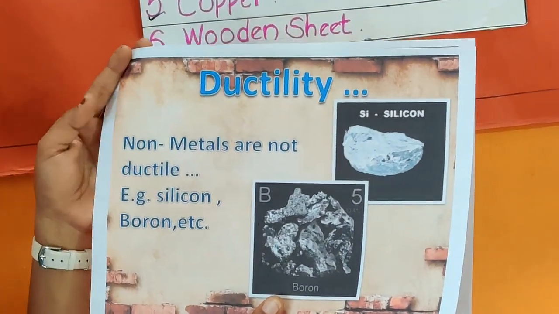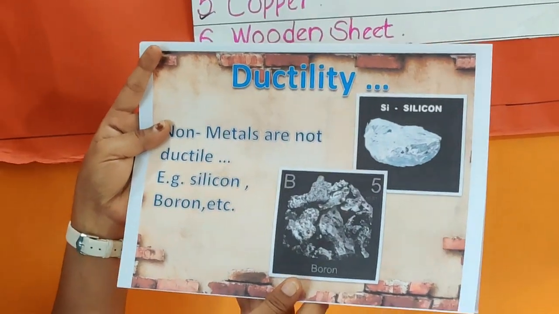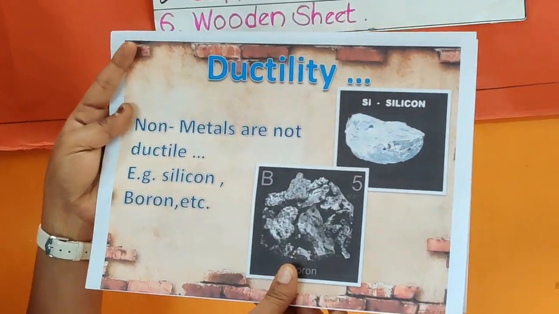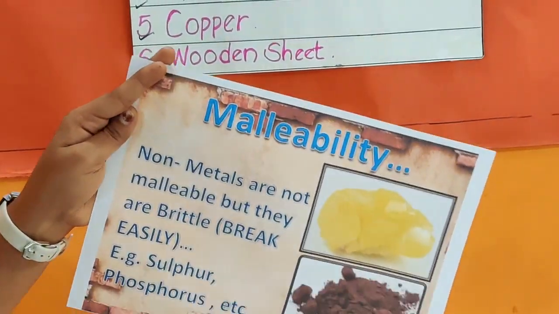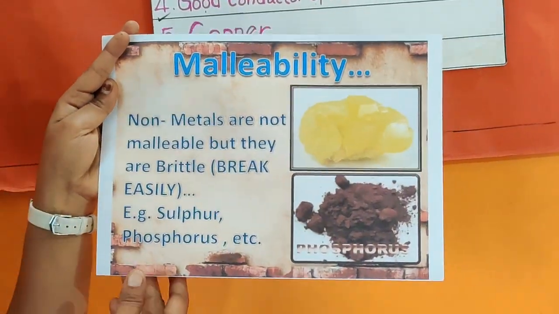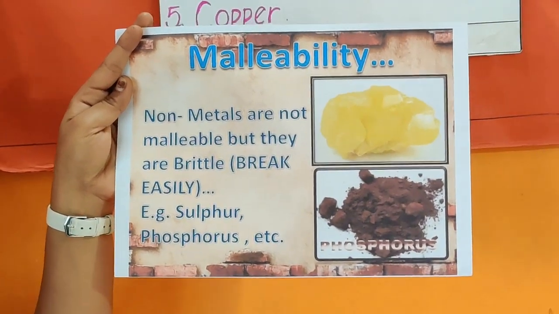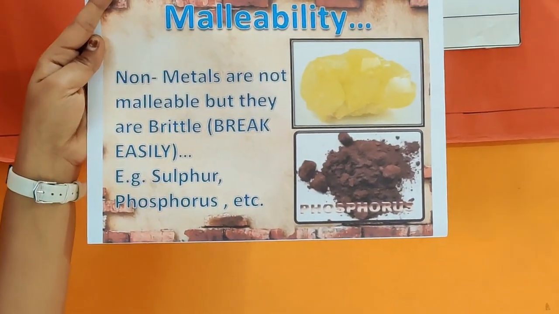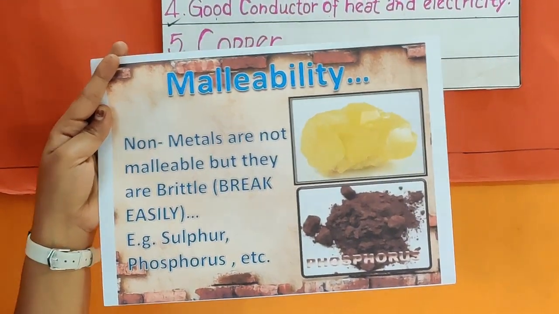Non-metals are generally non-ductile. For example, silicon, boron. Non-metals are also not malleable, but they are brittle, meaning they break easily. For example, sulfur, phosphorus, etc.